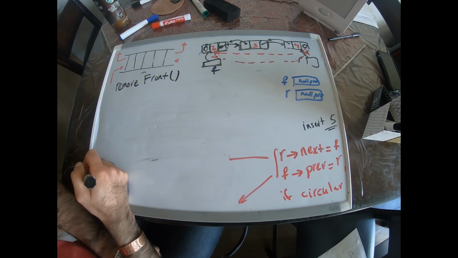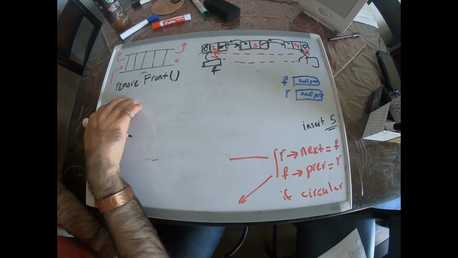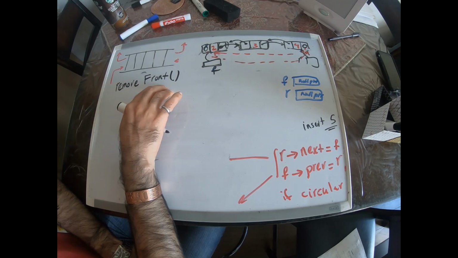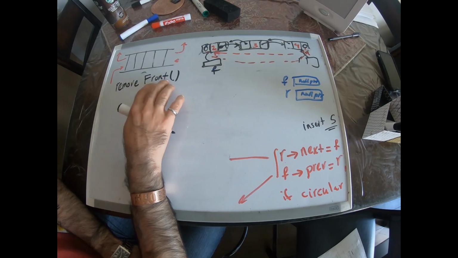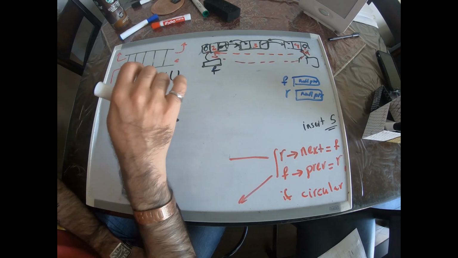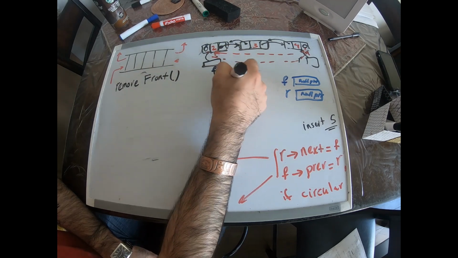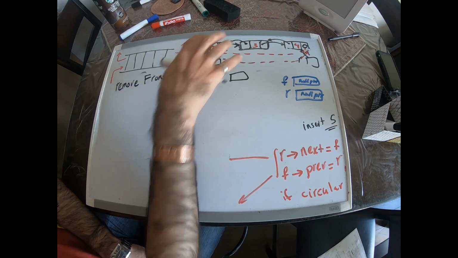If that's the case, you remember that we already implemented this one, remove from front, when we implemented queues using arrays, or using linked list or circular linked list, right? You remember that we need to have a temporary pointer. Why do we need to have a temporary pointer? Because we need to deallocate.